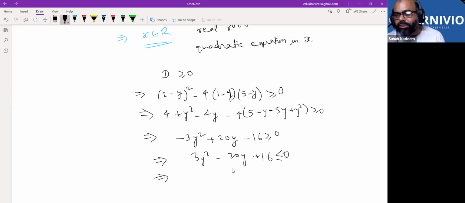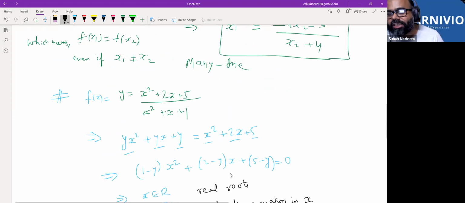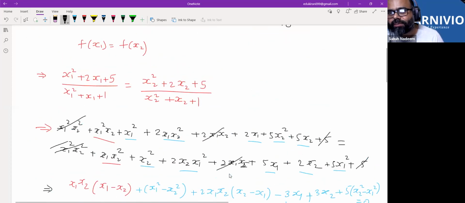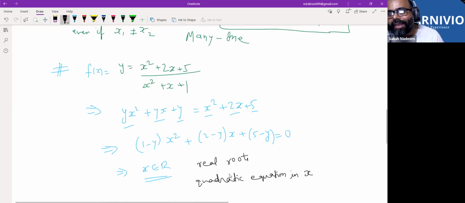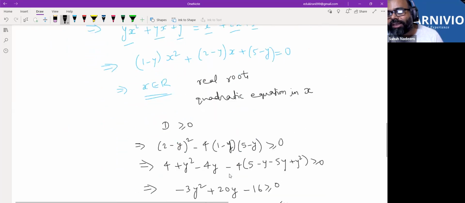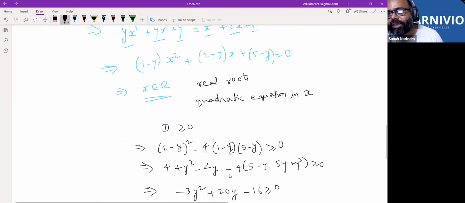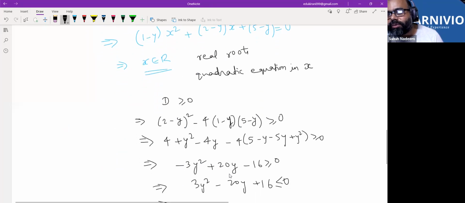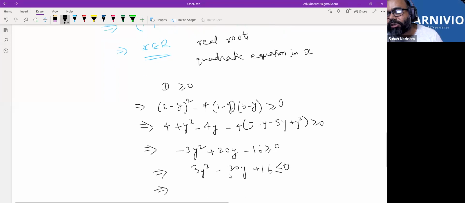I think the calculation is all okay. Once again, I will see the calculation part. x square plus 2x plus 5. So yx square plus yx plus y. So 1 minus y plus 2 minus y x plus 5 minus y. Fine. B square minus 4ac we will do. So this will be 4 plus y square minus 4y minus 4 times 5 minus y minus 5y plus y square.